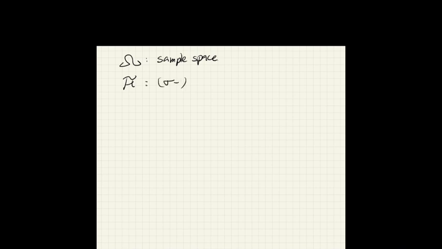If omega is finite or countable, the sigma algebra is not so important; it can be just an algebra. If we have these two, we make a pair of them.